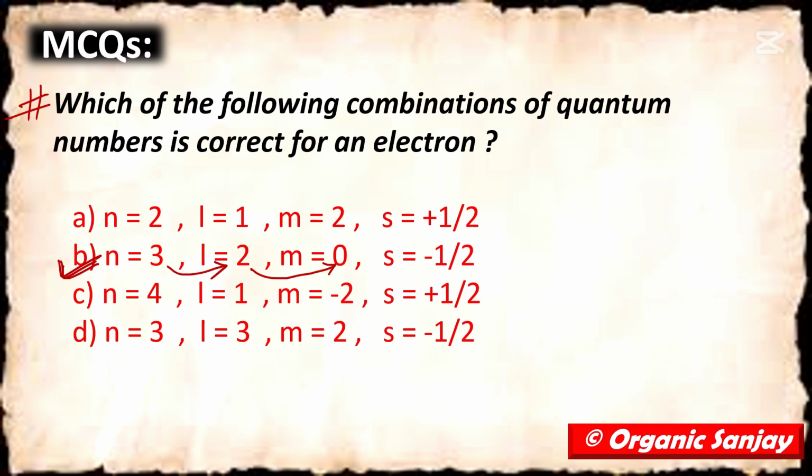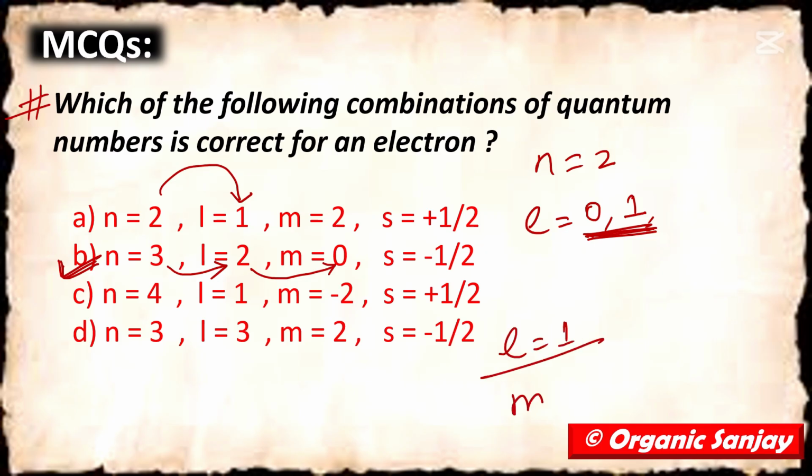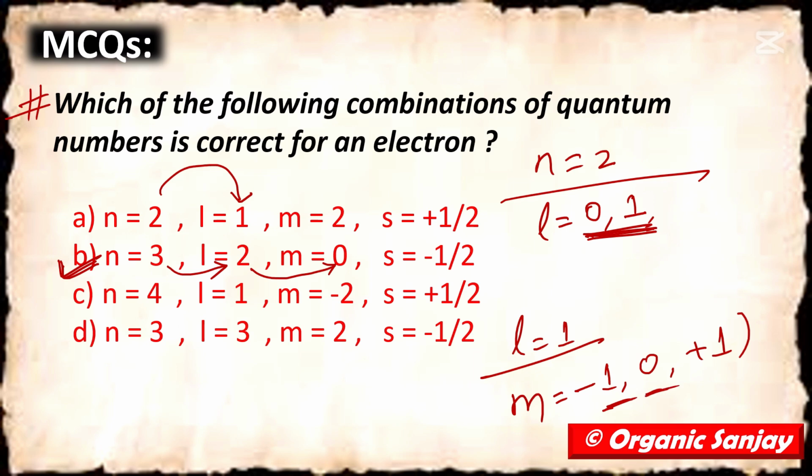When n is equal to 2, L is equal to 1. Up to here it is correct. When n is equal to 2, L can be 0 or 1, two possible values. Now when L is equal to 1, m can be either minus 1 or 0 or plus 1.